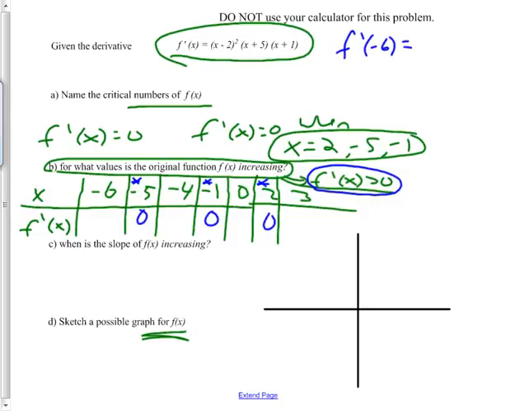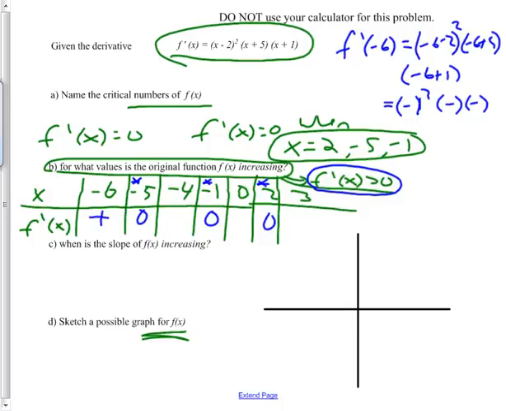If I plug -6 in, we get -6 minus 2 squared, -6 plus 5, -6 plus 1, and that equals a negative number squared times a negative number times a negative number. So a negative number squared is positive, and a negative times a negative results in a positive number.